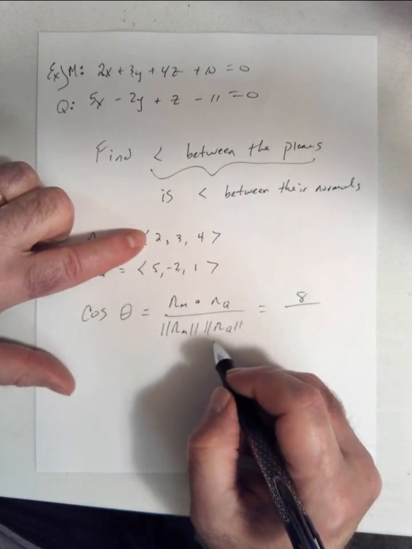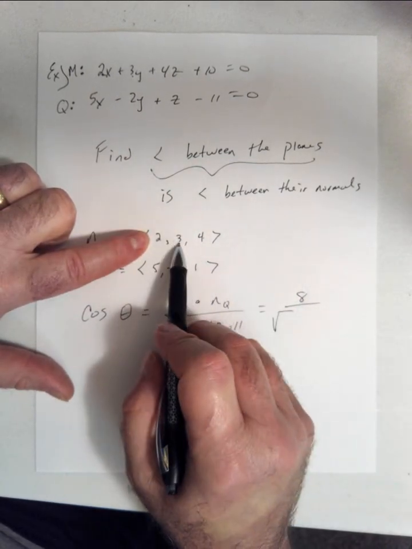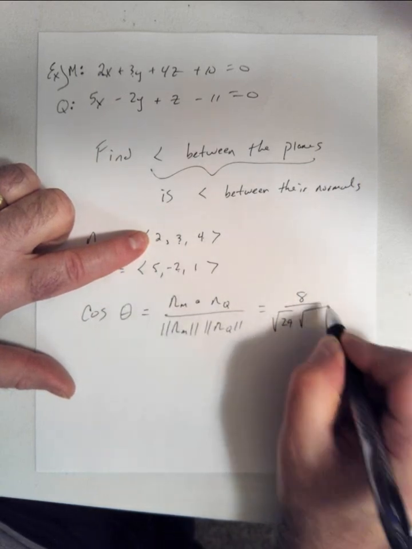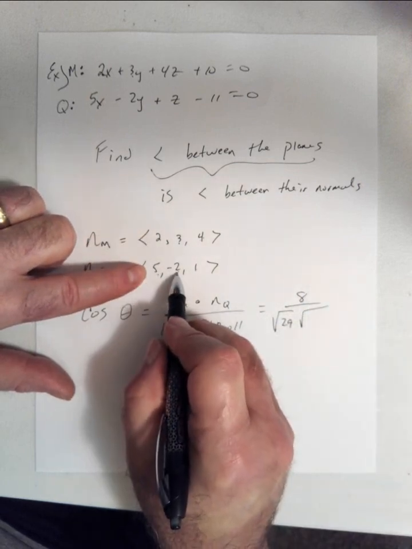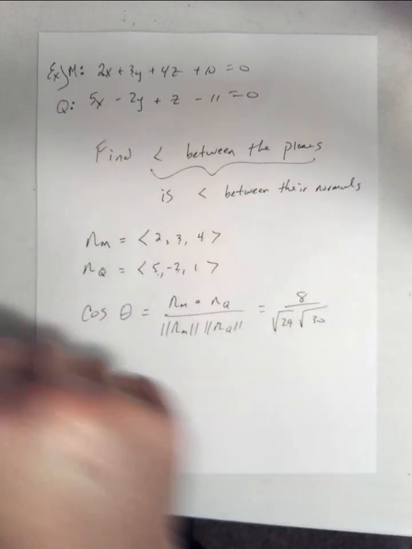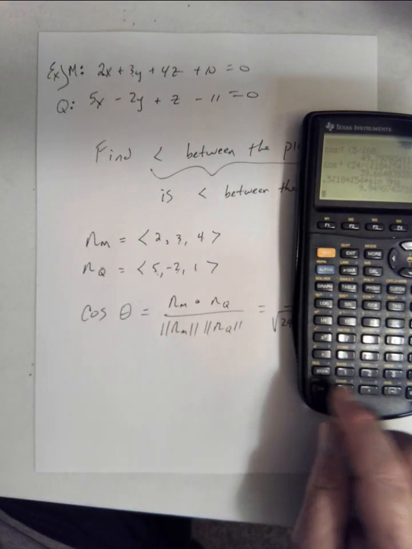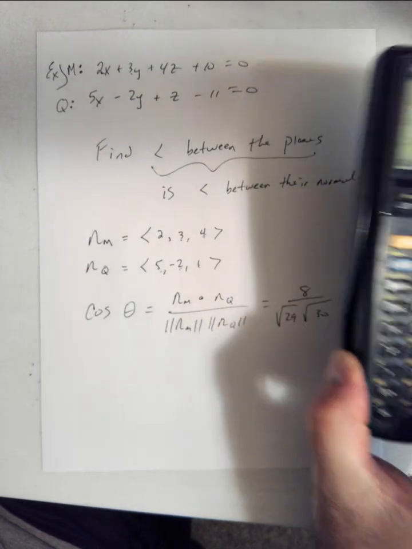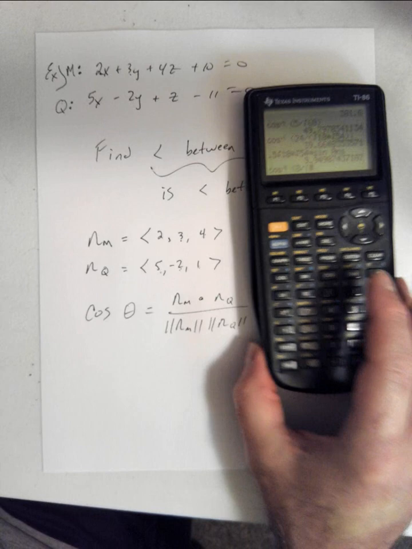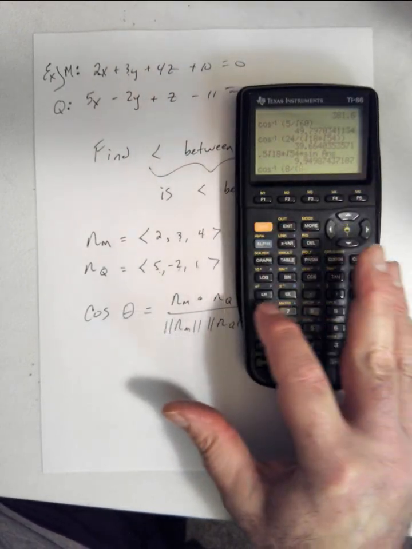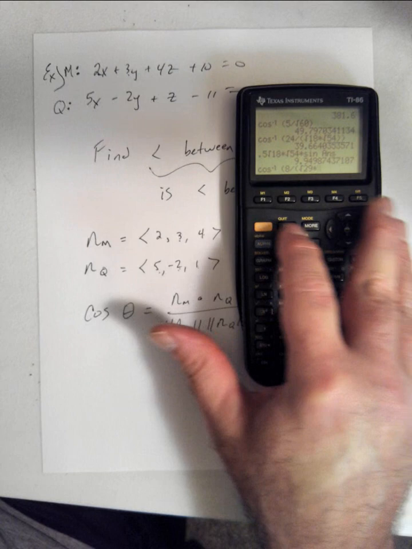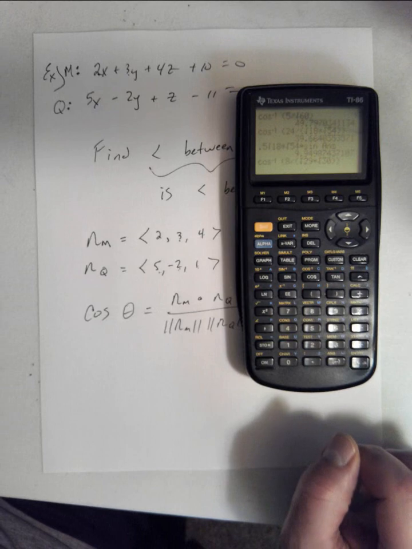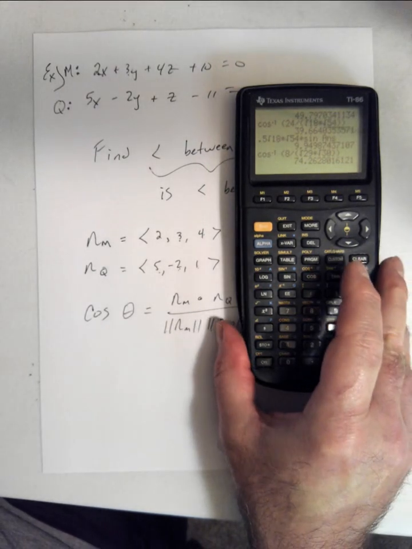And then the magnitudes, remember, the square root of 4 plus 9 is 13, plus 16 is 29, and for the other, 25, 29, 30. So, cosine inverse of 8 divided by the square root of 29 times the square root of 30 is 74.26 degrees.